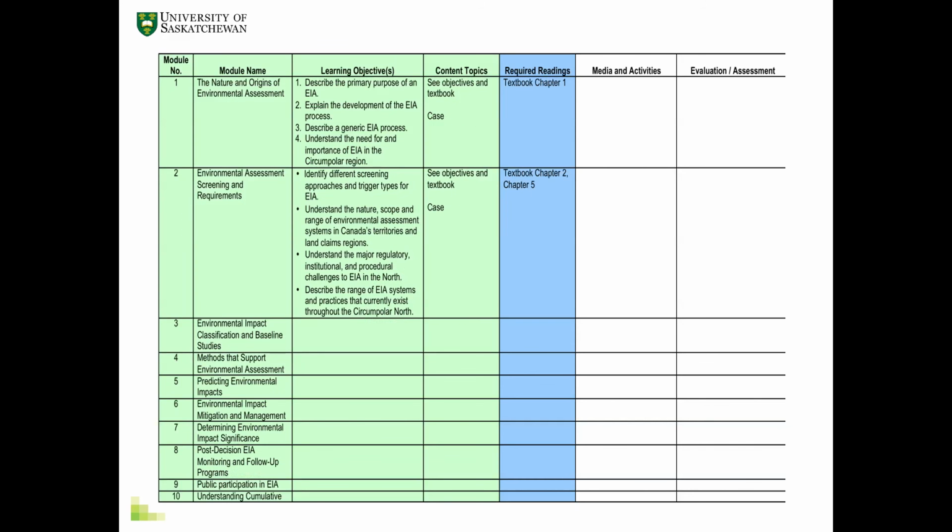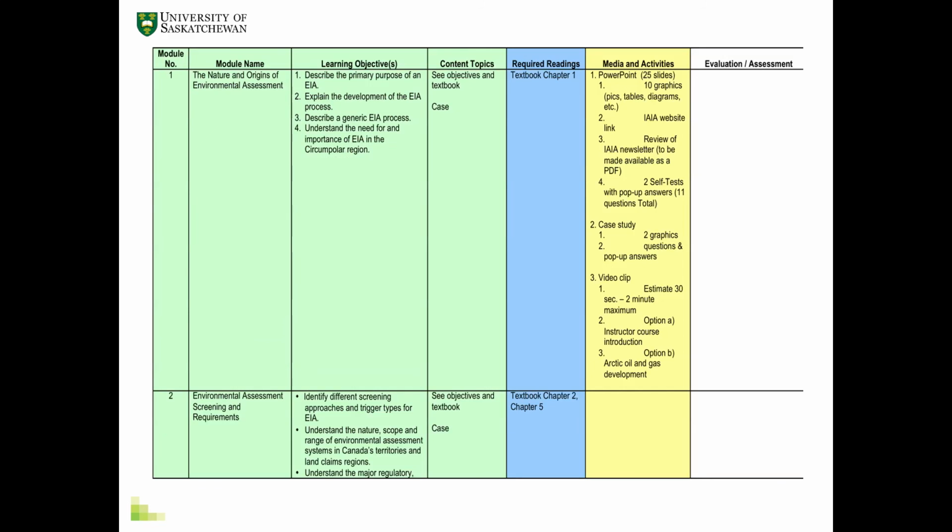Next, we're going to start adding some of the content. So we're going to start breaking those pieces up and saying, okay, well, these are the topics that we want them to cover. These are the objectives we have for them. And what are the things that are now going to help them to get there? So we're going to add the required readings, perhaps, if there's a textbook or article reprints that you're going to have them go through. We're going to have some media and activities maybe.